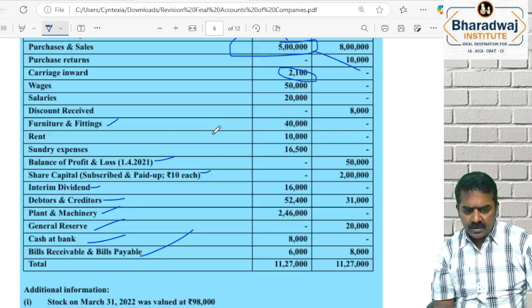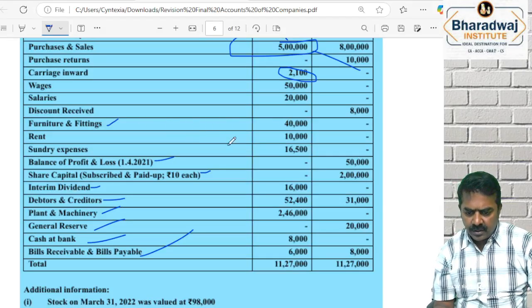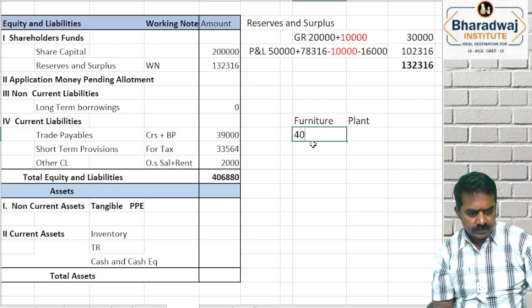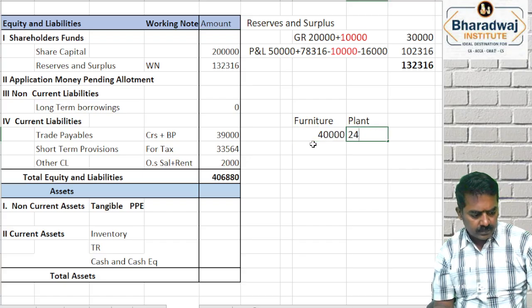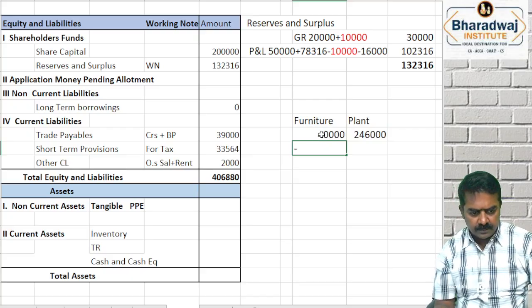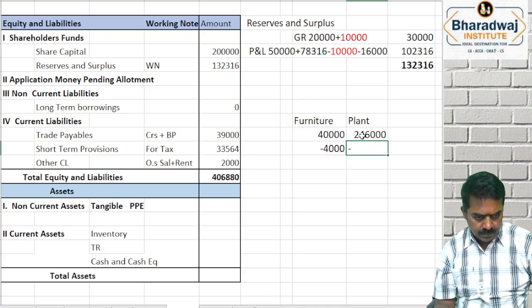What is the balance given in the balance sheet? 40,000, 46,000. What percent depreciation? 10%, 4,000. Another one? 3,600.